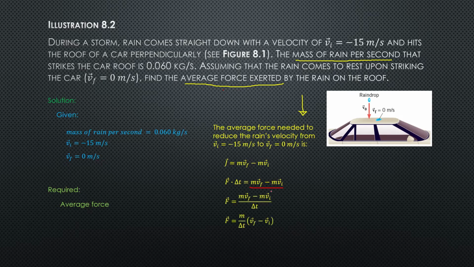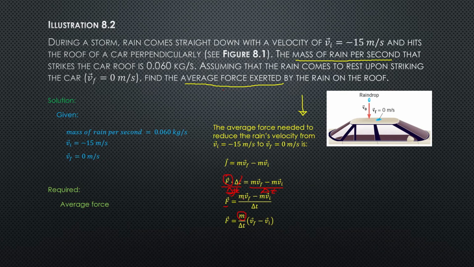As shown here, dividing both sides by the change of time, or the time interval, the time will be eliminated and force will be left on the left side as given here.